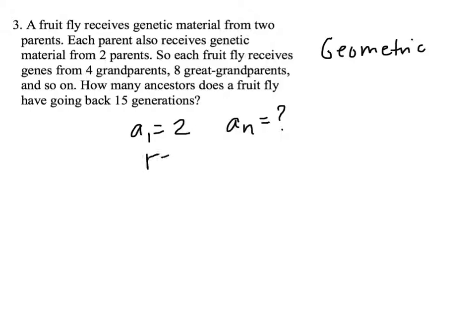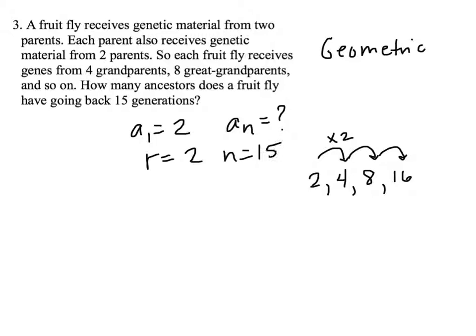The common ratio here is 2, because if the first term is 2, the second term is 4, these are the numbers going back in terms of generations, but it's going forwards in our sequence, and we're multiplying by 2 every time. So that's our ratio. And then in this case, n is going to be 15. So start with our formula. And we have 2 times 2 to the 15 minus 1.